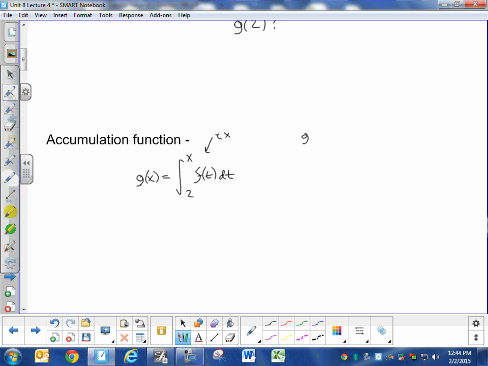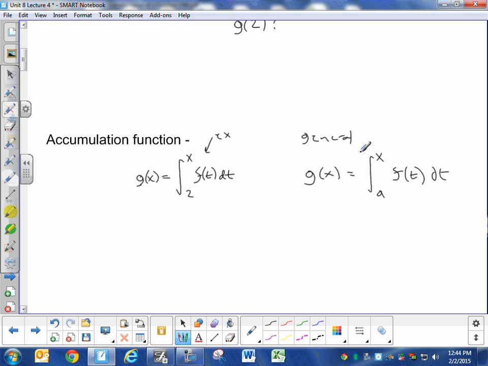And in general, we'll say some function equals the accumulated area from a value to a variable, any variable, x, of another function. Okay?